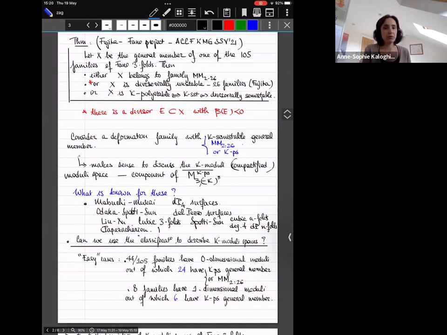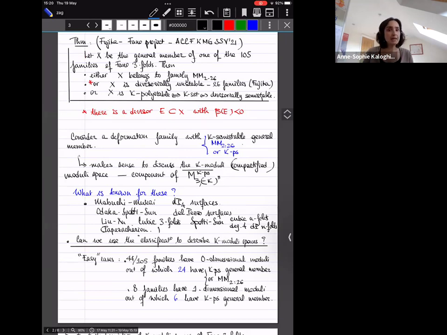It gives you a recipe to construct those Fano threefolds, but it doesn't tell you when two Fano threefolds constructed with that construction are going to be isomorphic to each other, for example. And also, it does not give you a picture of degenerations of the smooth Fano threefolds, of K-polystable degeneration.